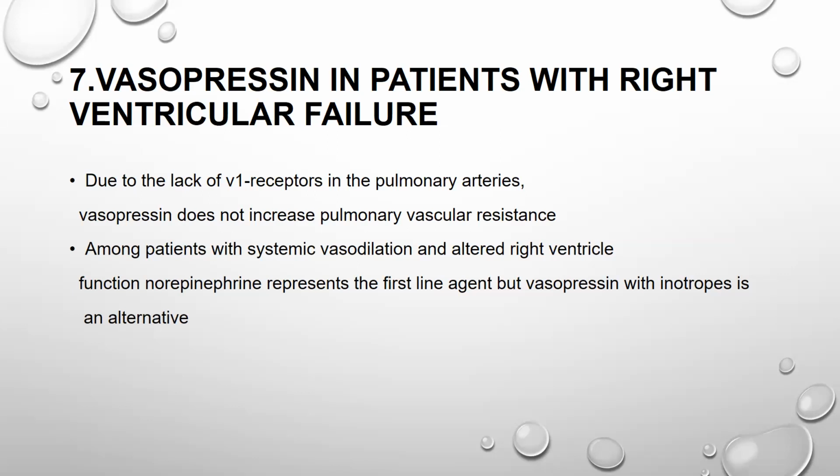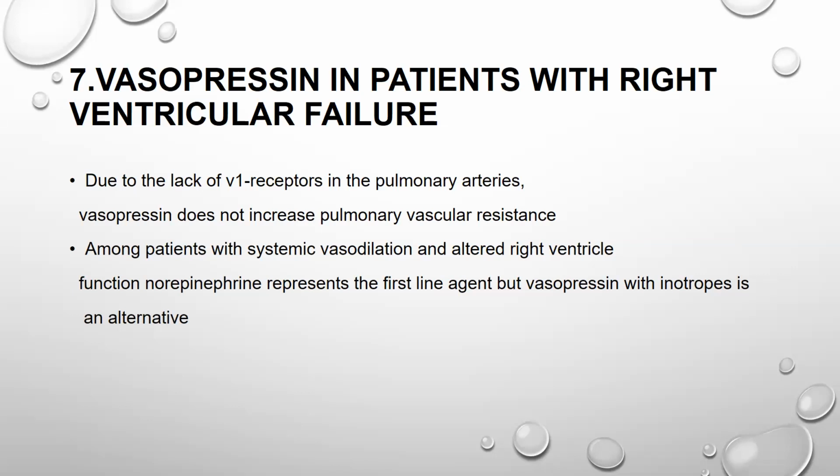And due to the lack of V1 receptors in the pulmonary arteries, vasopressin does not increase the pulmonary vascular resistance. So it is one of the medications that you consider if you have right ventricular failure. Because if you have right ventricular failure and you increase the pulmonary vascular resistance, then the right ventricle will fail more because you increase the afterload for the right ventricle.